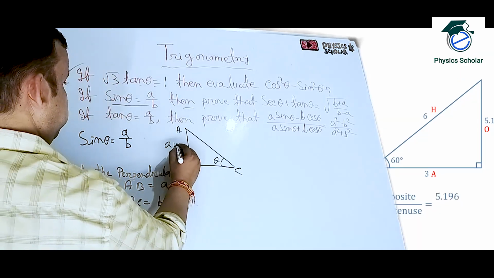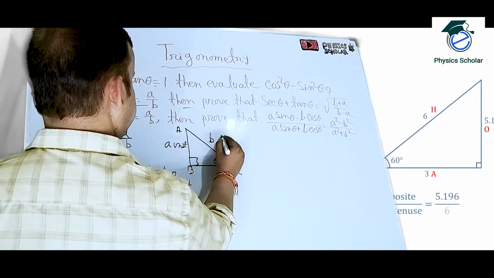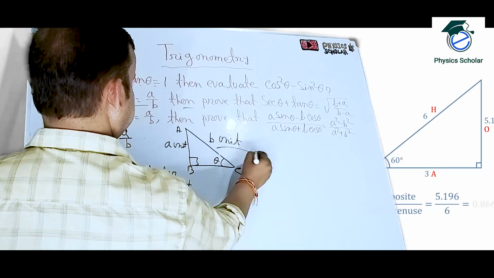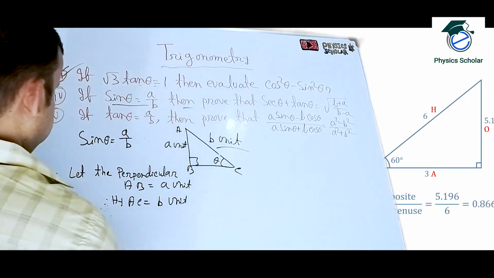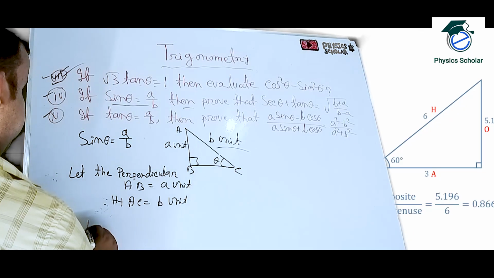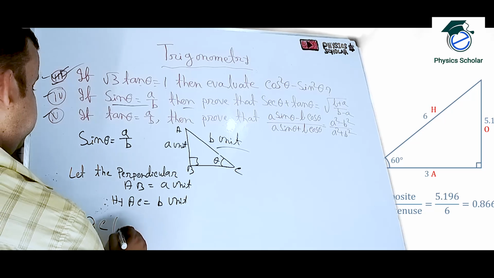So it is A unit, it is B unit. Clear? Now what do you have to find out? Base BC.